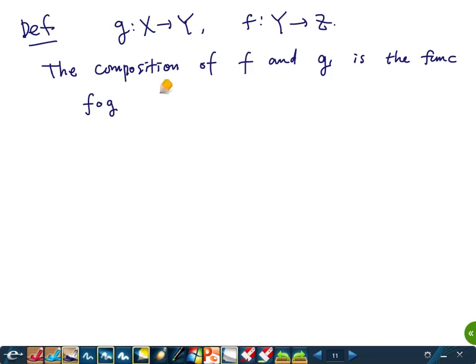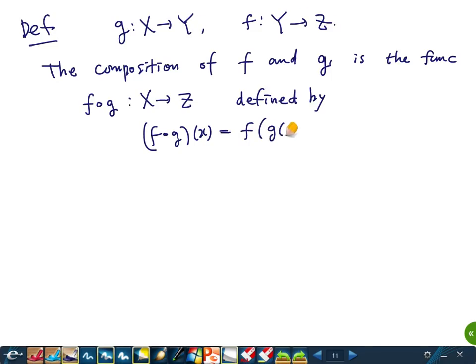It is a function from X to Z, defined by: for every element x in X, we must have some element in Z, defined by f of g of x. This is well defined.